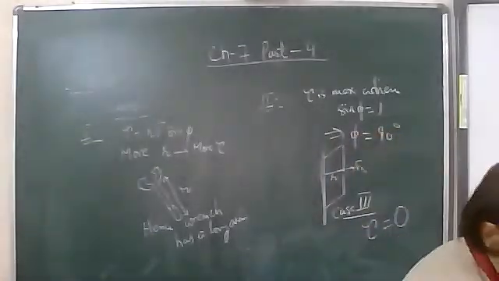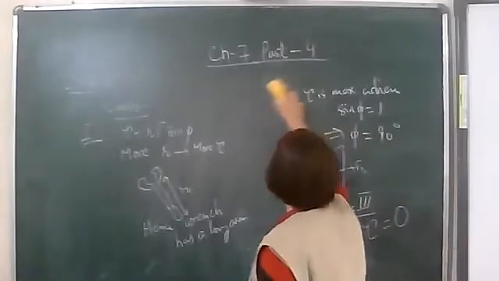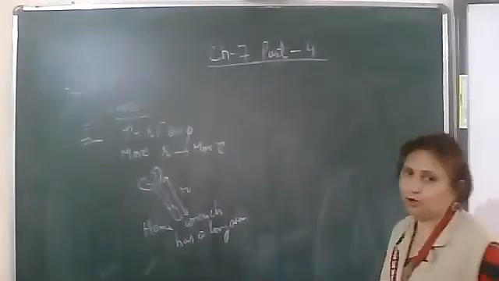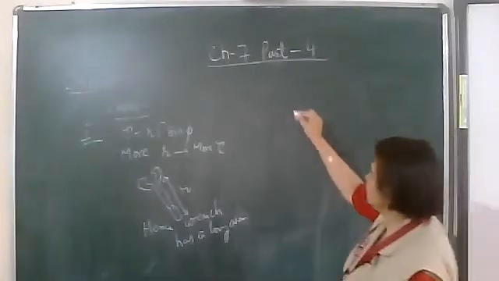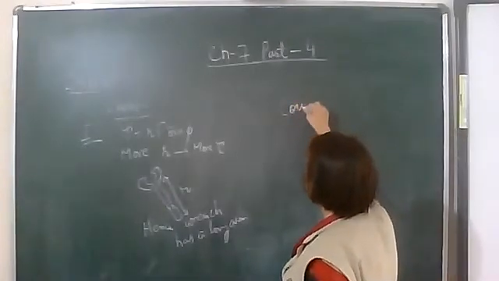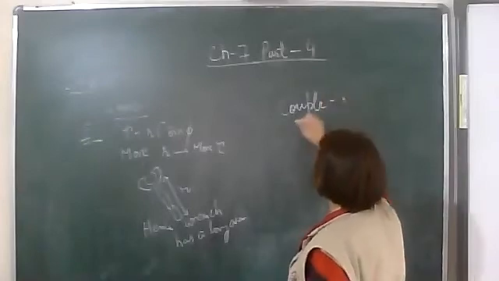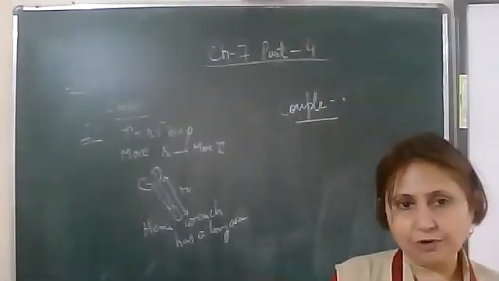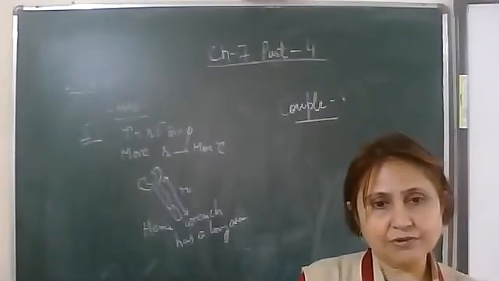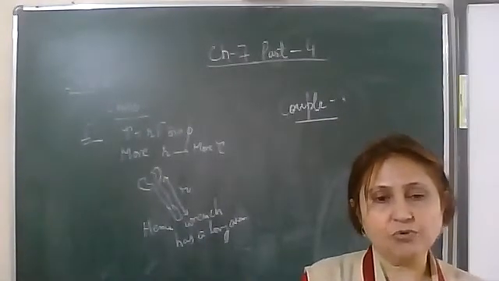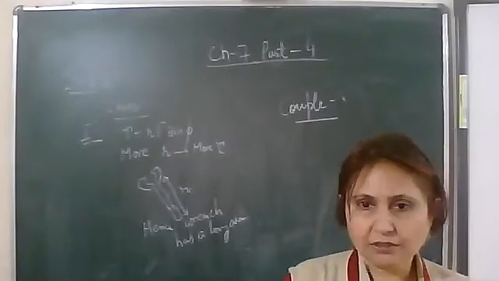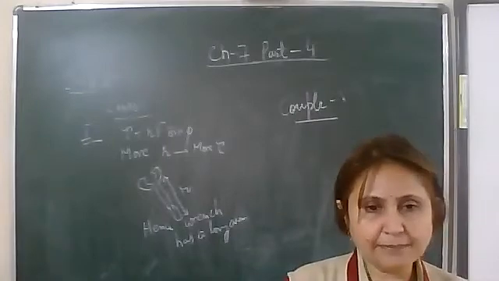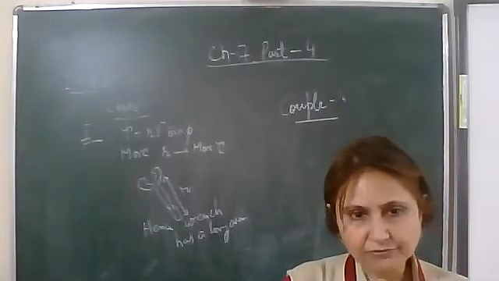One small definition we'll study here: couple. Two equal and opposite forces acting at the two ends is called a couple. These two equal and opposite forces will try to rotate the body. When opening or shutting a door, you apply the force only in one direction.